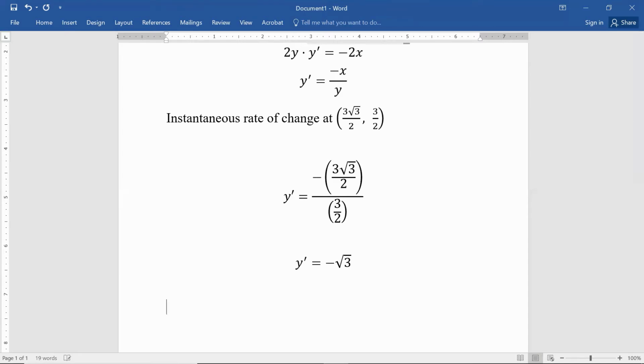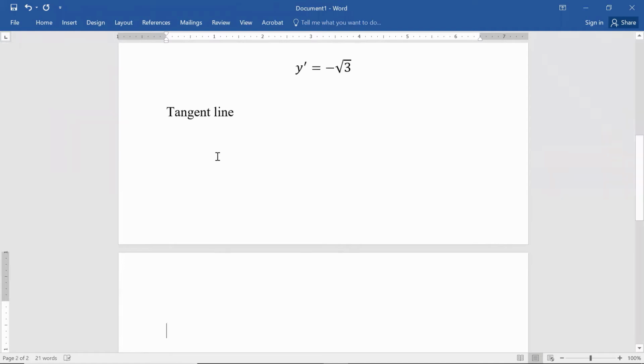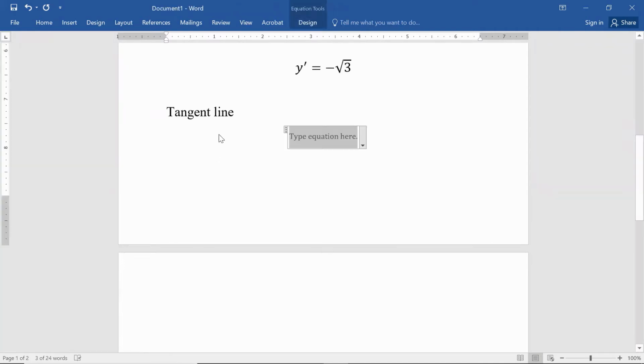We want to find the actual tangent line. So we know a tangent line has an equation y equals mx plus b. We just found that the instantaneous rate of change is negative root 3. So that means my slope has to be negative square root of 3.